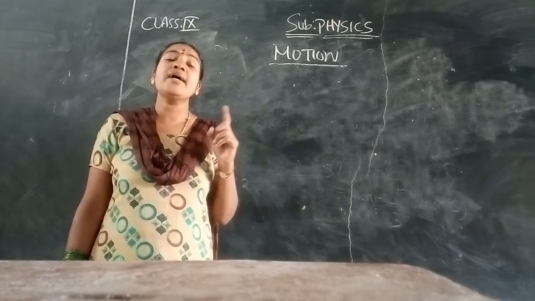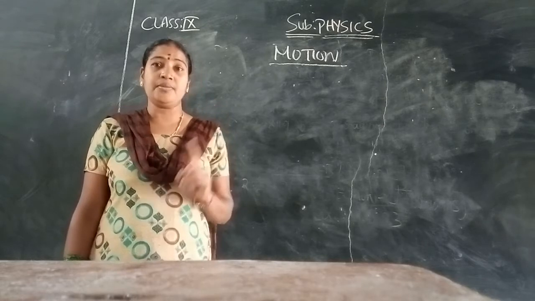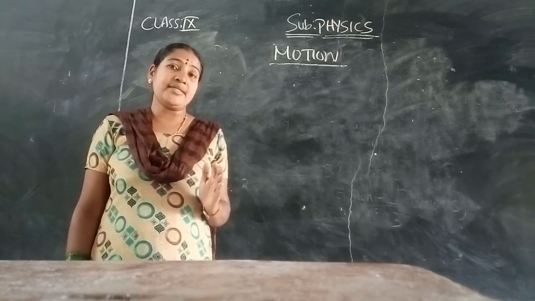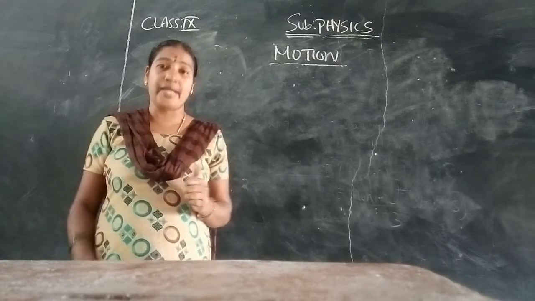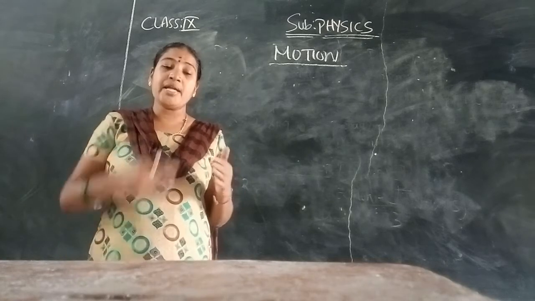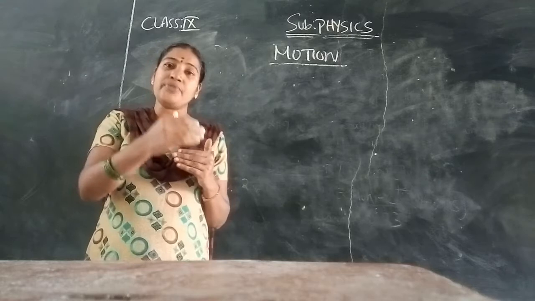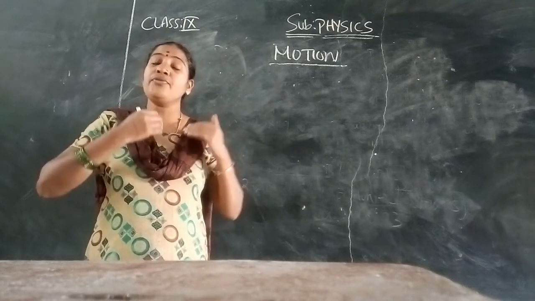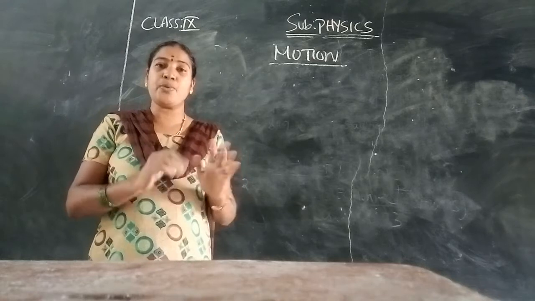Then motion is a relative term. How is it a relative term? For example, if you are moving in a train, and your co-passengers are sitting along with you. So how do you feel? You both are feeling that we are in the state of rest position.